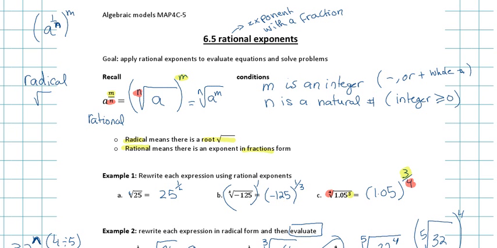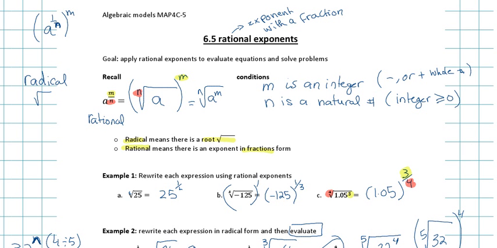So this is the value of n. Whole means no decimal. Just 1, 2, 3, 4, 5.